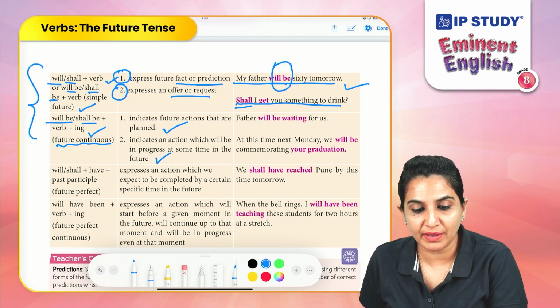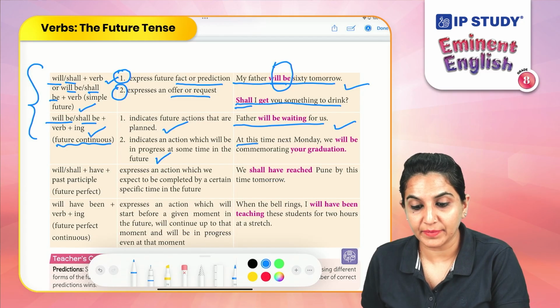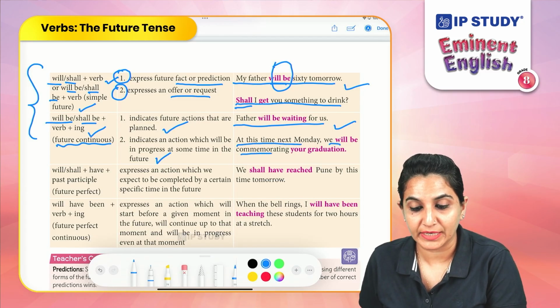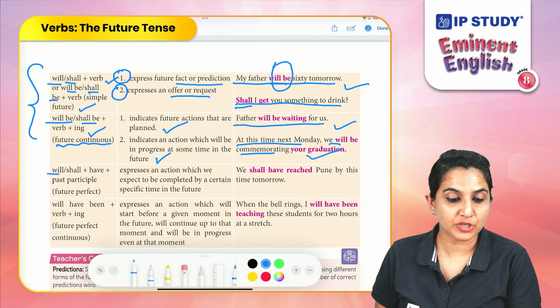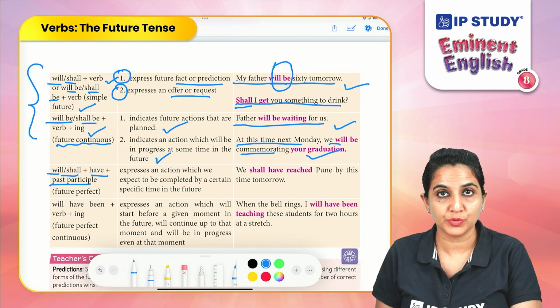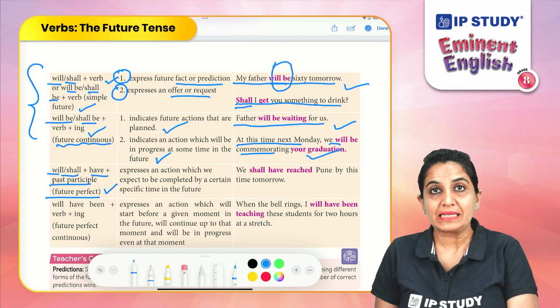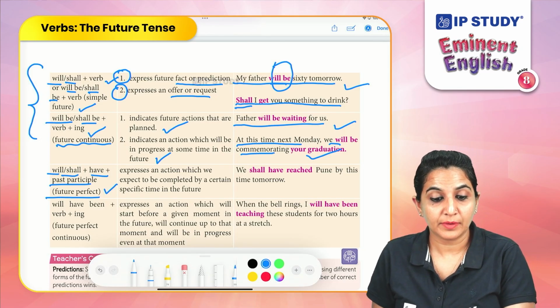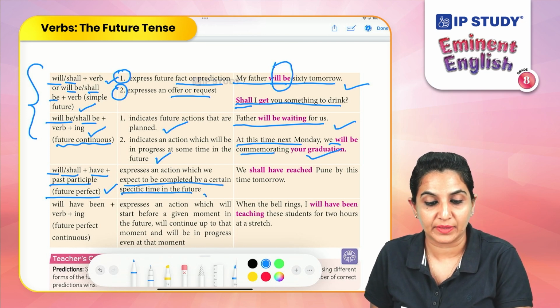For example, my father will be waiting for us. At this time next Monday, we will be commemorating your graduation. Will and shall along with have and the past participle are used to express the future perfect tense, meaning the action which is expected to be completed by a certain specific time in the future.